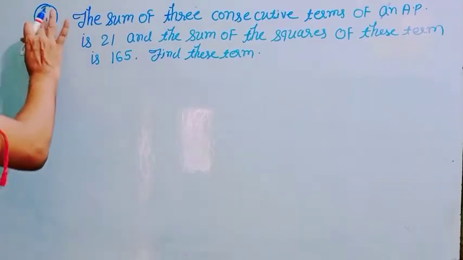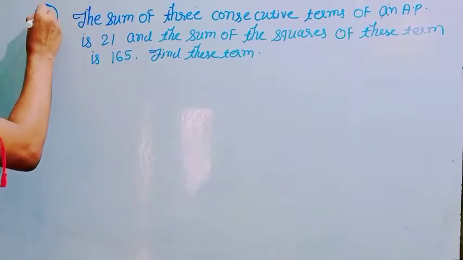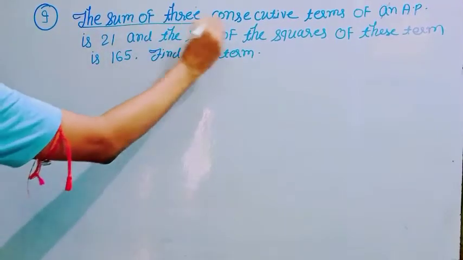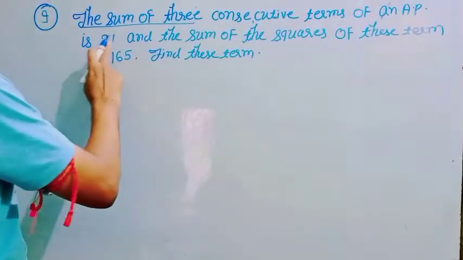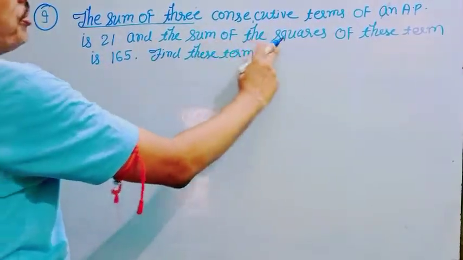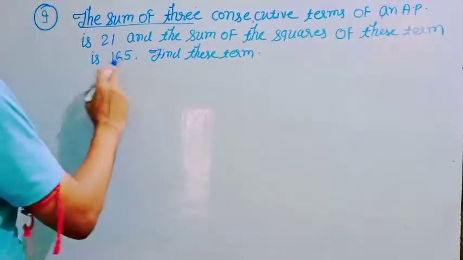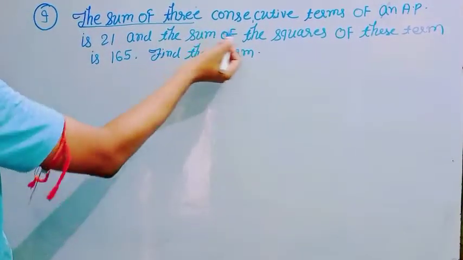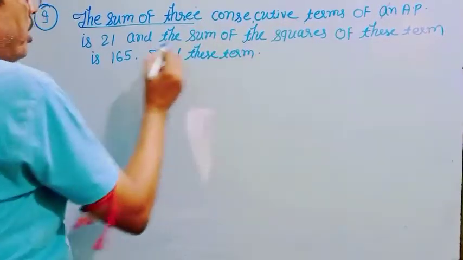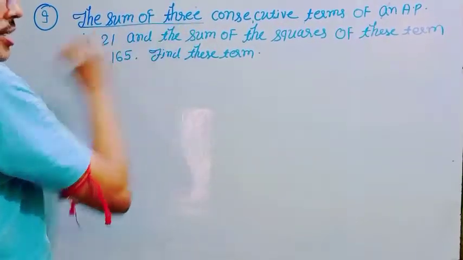Now see question number 9. The sum of 3 consecutive terms of an AP is 21 and the sum of the squares of these terms is 165. Find the terms. Dear student, in this question also the number of terms in the AP is 3.